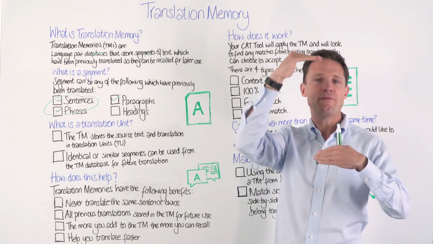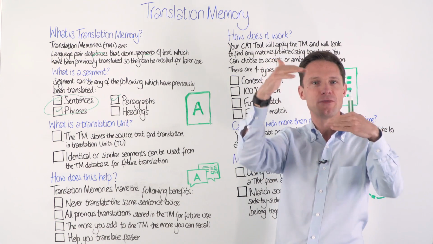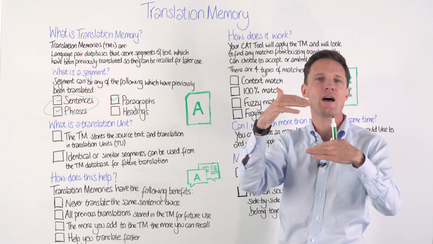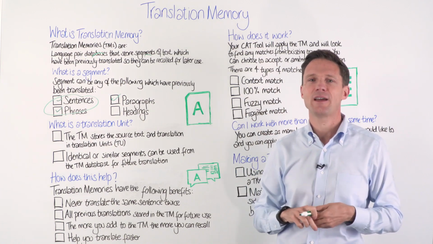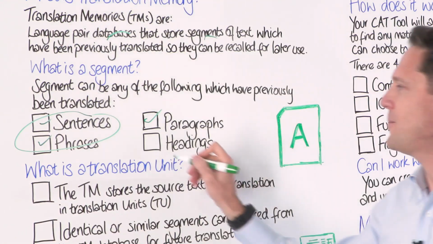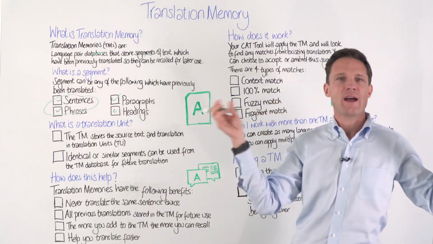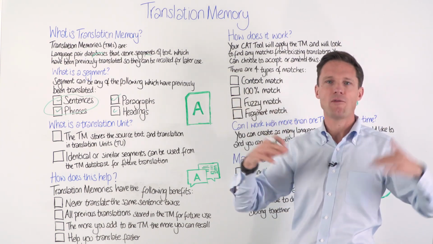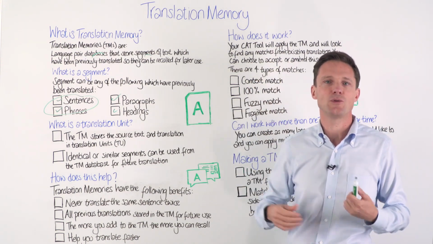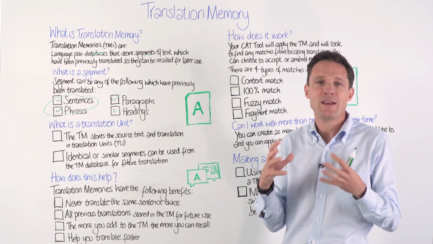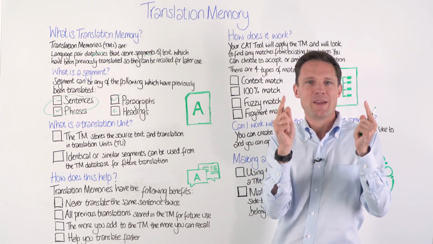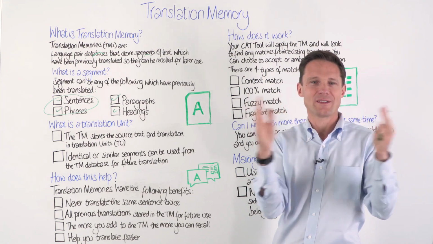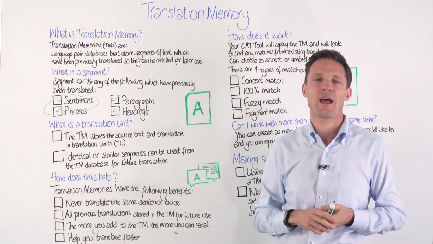Perhaps if you have a very long paragraph with three phrases or sentences inside, you can store those, but you might decide not to do that. And headings, of course, a title, the beginning of a document, that is also what gets stored. So in essence, a segment is a finite set of words that get stored into a translation memory.